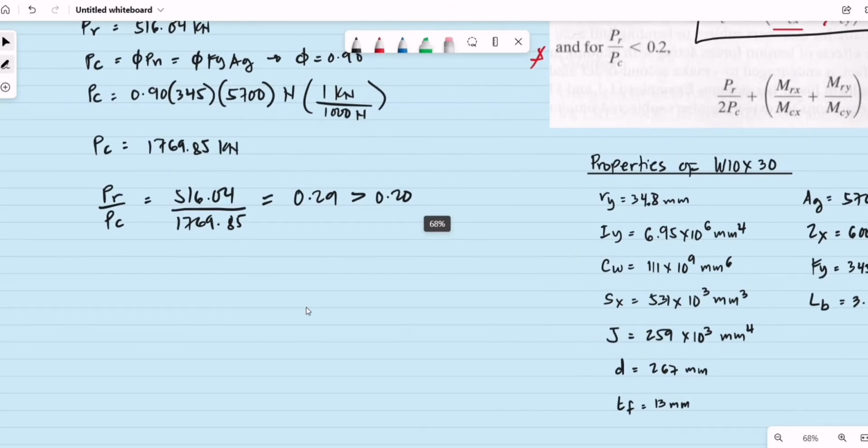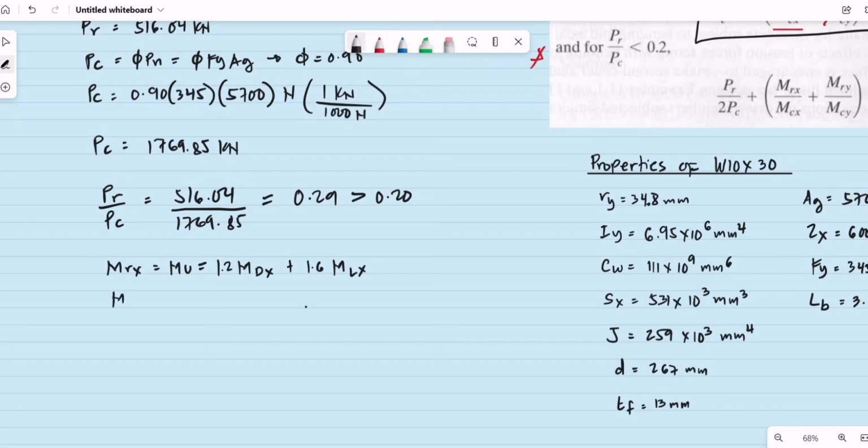Okay, so the required moment with respect to the x-axis is the same as M sub u, since we are using the LRFD method. It is equal to 1.2 of the dead load moment with respect to the x-axis, plus 1.6 of the live load moment with respect to the x-axis.